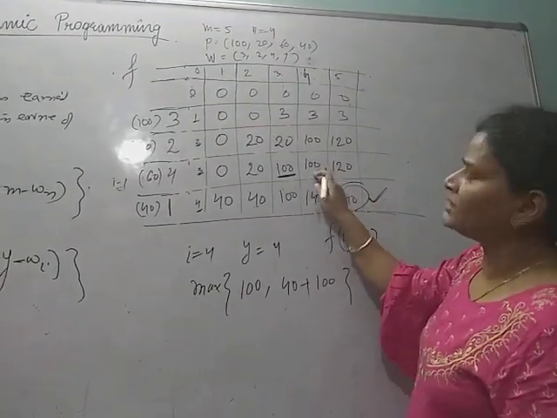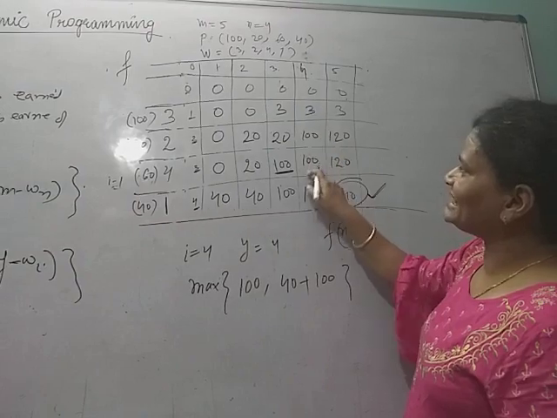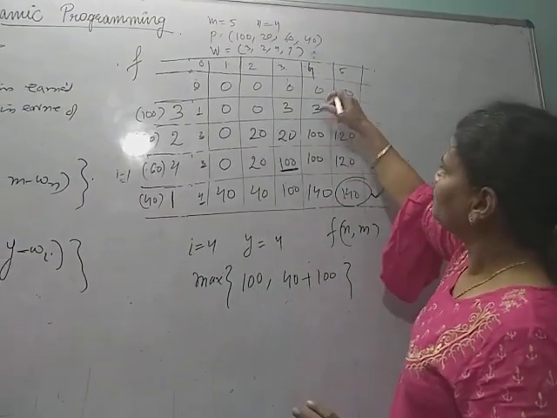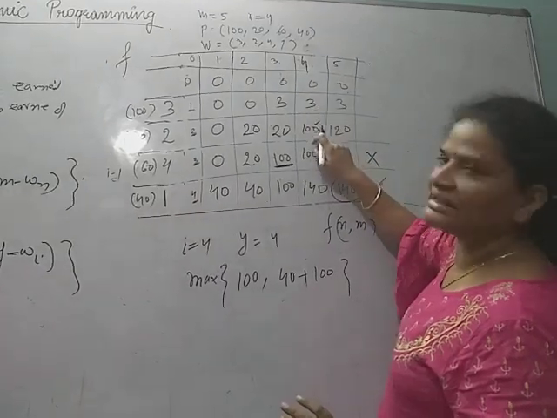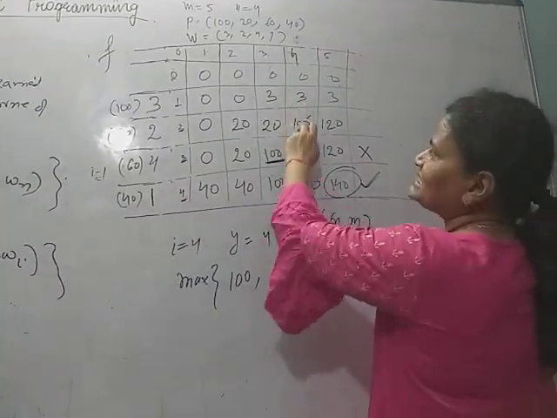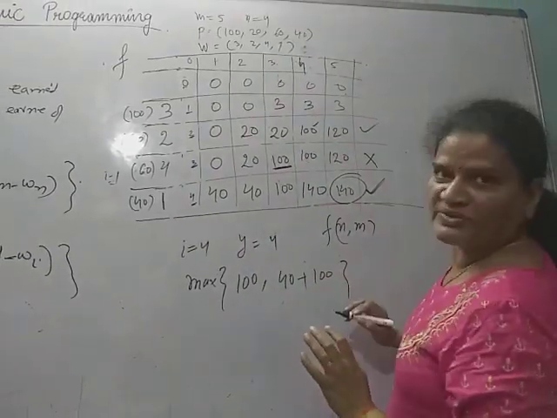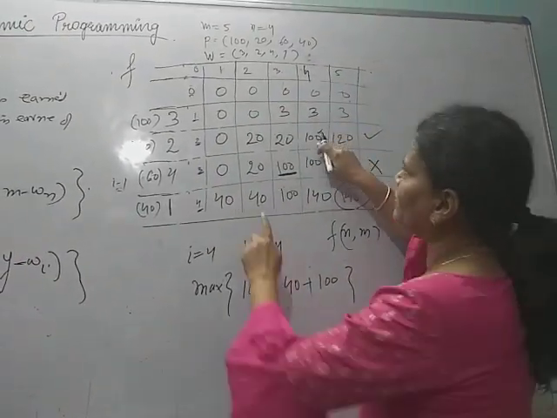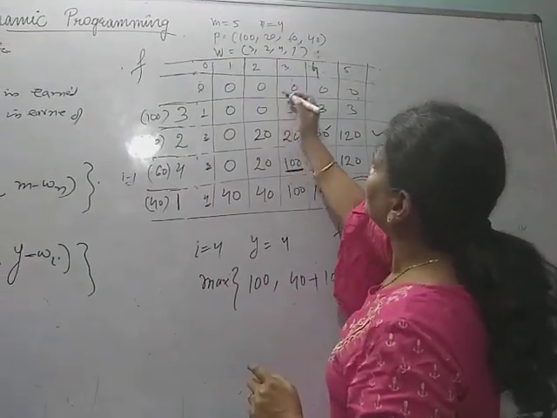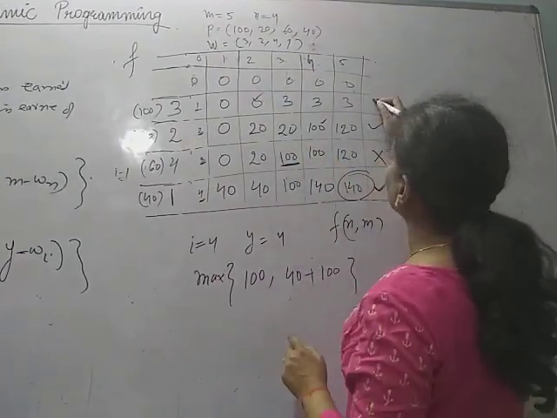So I will move here, 4. So this entry is coming from the upper entry, so this is not selected. Now, 4, we consider this entry, and this entry is different. So we consider this object, and then 4 minus 2 is 2, and at 2 here there is 0.